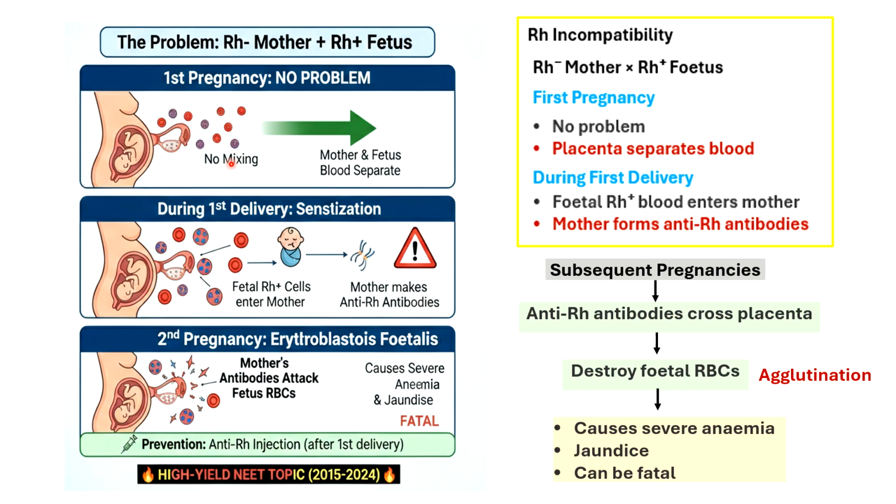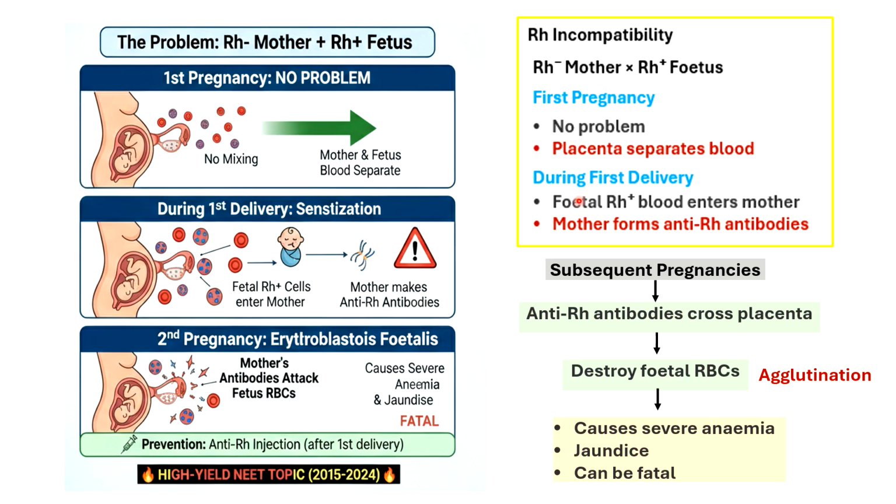So what will happen? The RH negative mother does not have RH antigens, and she has conceived an RH positive fetus which has RH antigens on the RBC surface. Now during pregnancy there is no problem. Why? Because there is no mixing of the blood, because the placenta acts as the barrier and separates the blood.